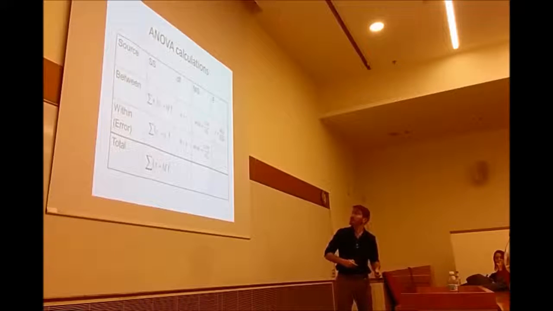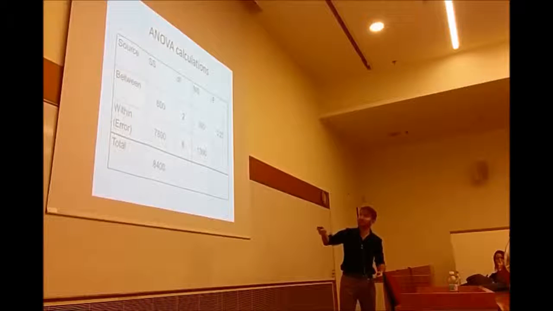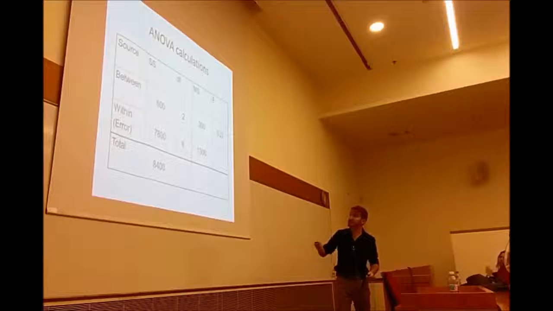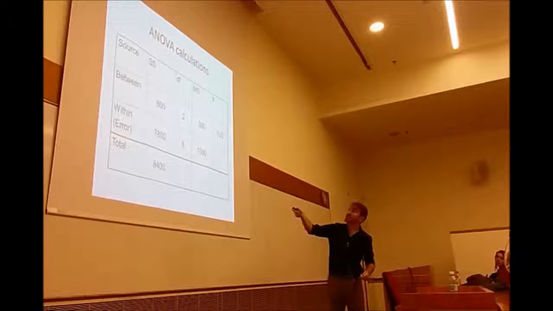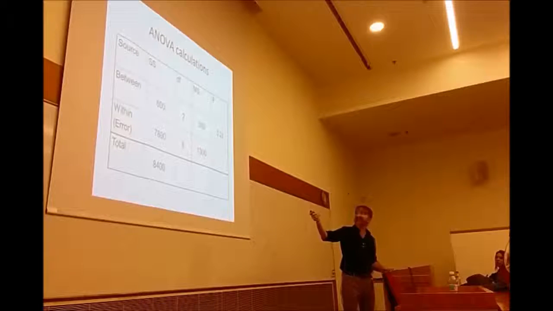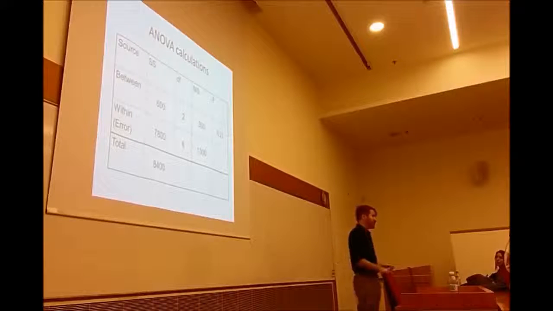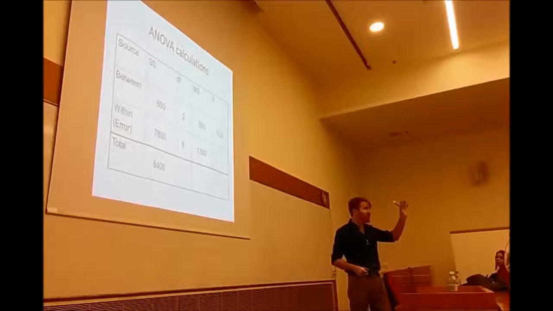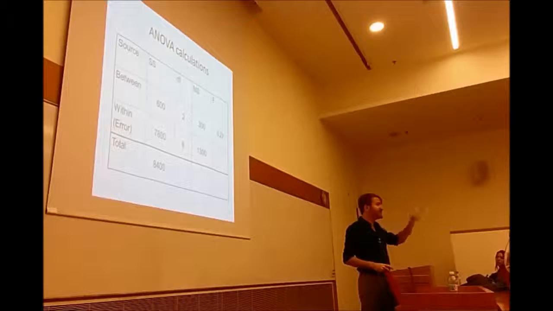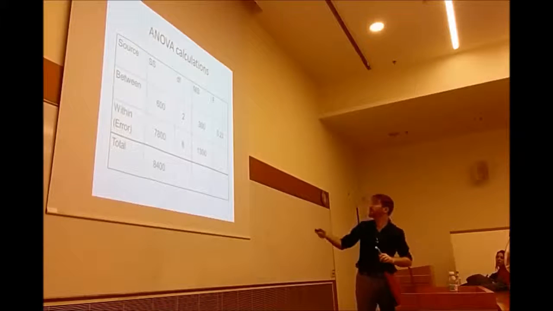So in our study, we got these three numbers, 600, 700, 700, 800. We got 2 degrees of freedom between, 6 degrees of freedom within. Remember this number, 2 between, 6 within.